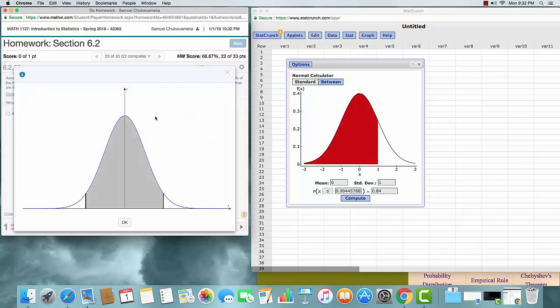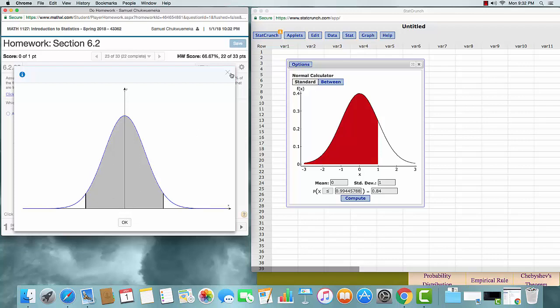This here is the area between the 2.8% that are too low and the 2.8% that are too high. That is not what we want.